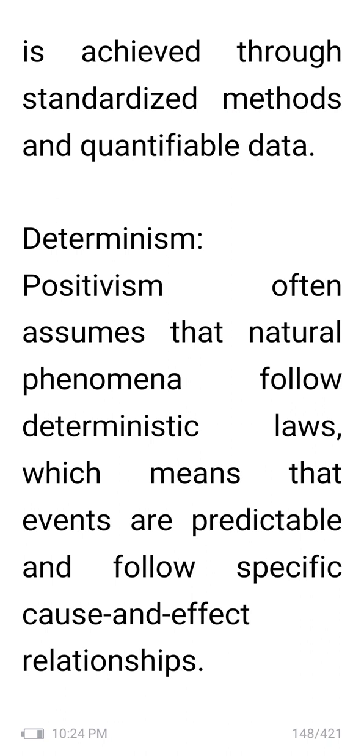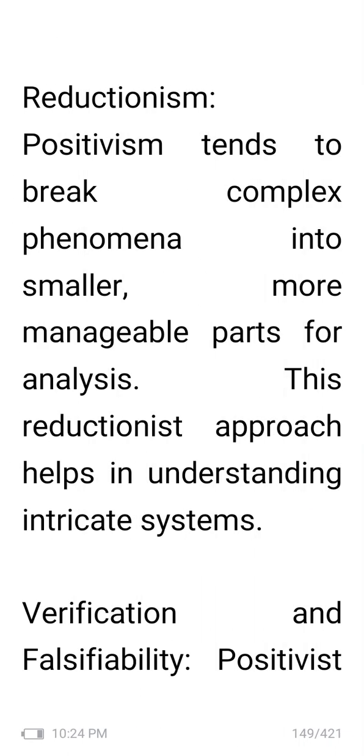Then determinism: Positivism often assumes that natural phenomena follow deterministic laws, which means that events are predictable and follow specific cause and effect relationships. Then reductionism: Positivism tends to break complex phenomena into smaller, more manageable parts for analysis. This reductionist approach helps in understanding intricate systems.